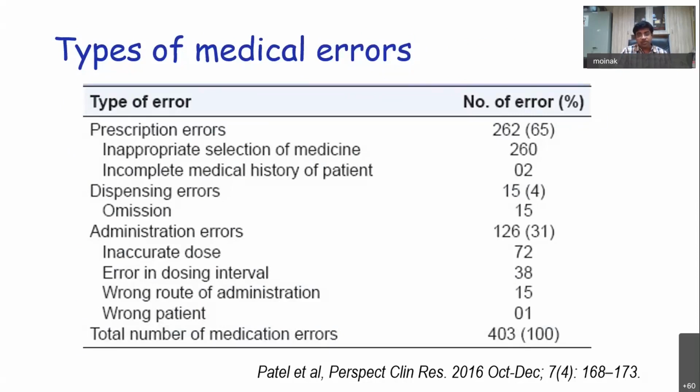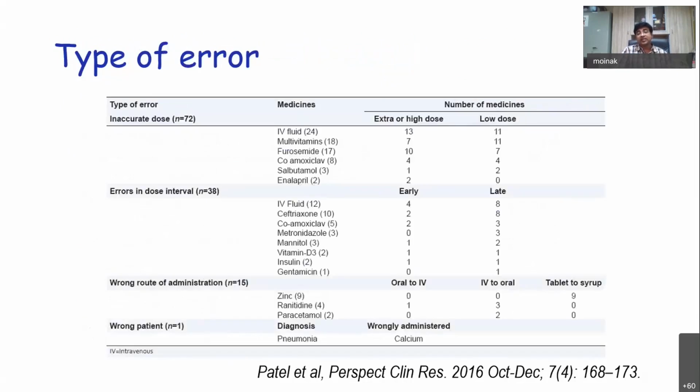There are also administration errors, but we will not go into that. If you look at the types of error that have happened, most of the errors have occurred with IV fluids, because this was a district hospital. It was an inpatient unit. So they've seen that the IV fluids and the antibiotics are mostly the ones that have gone wrong.